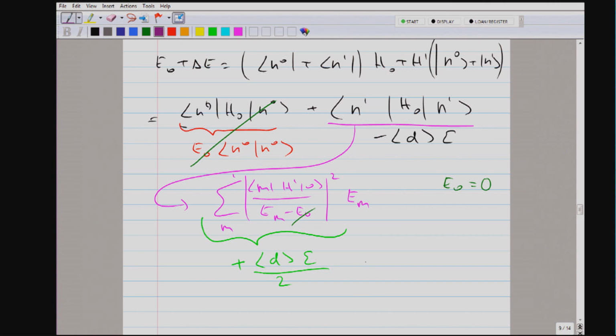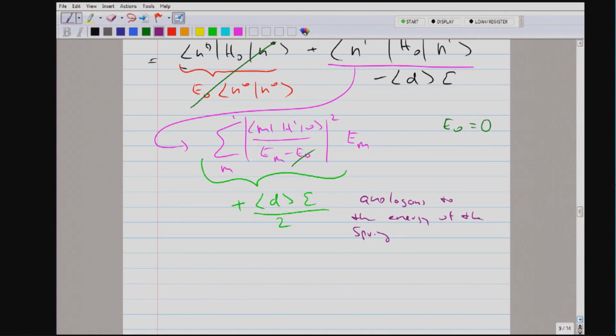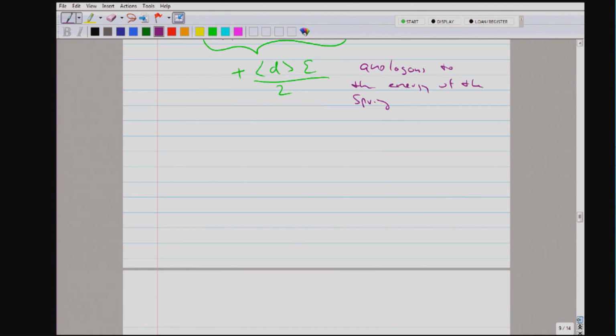This is exactly analogous to the energy of the spring in the gravitational problem. So in other words, this is the internal energy, because we admix excited states to the ground state. This costs energy, and it exactly accounts for the occurrence of the factors of 1/2.